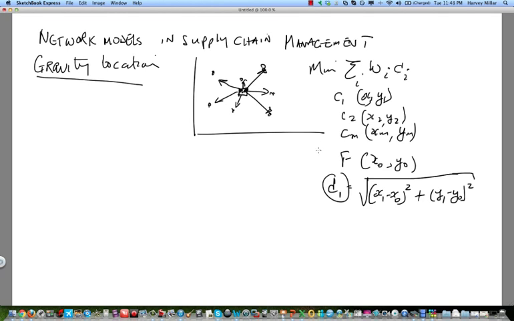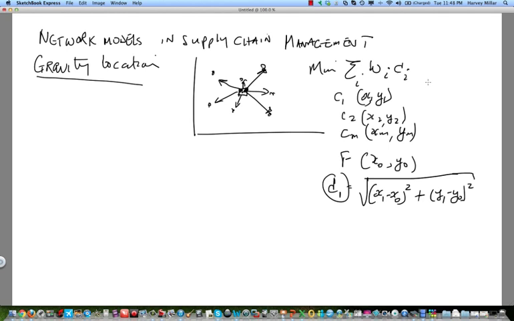And so essentially, as I mentioned, the problem is to minimize the weighted distance. The weights could either be how many trips we intend to make back and forth between the two locations, or the total volume of product that we intend to ship from that facility to the location.